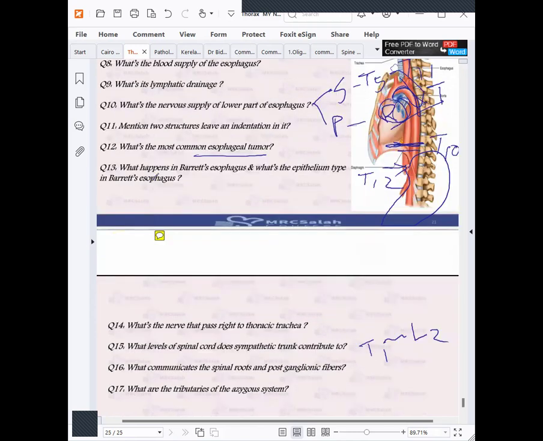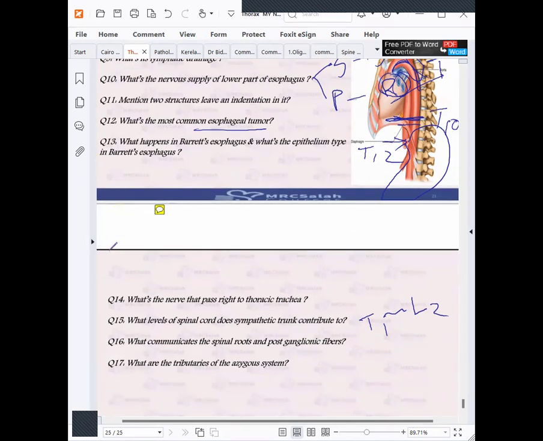What happens in Barrett esophagus? And what is the epithelium type in Barrett esophagus? We have reflux of gastric contents and intestinization of the esophagus. First we have reflux esophagitis, which then turns into dysplasia, which then turns into Barrett's esophagus.